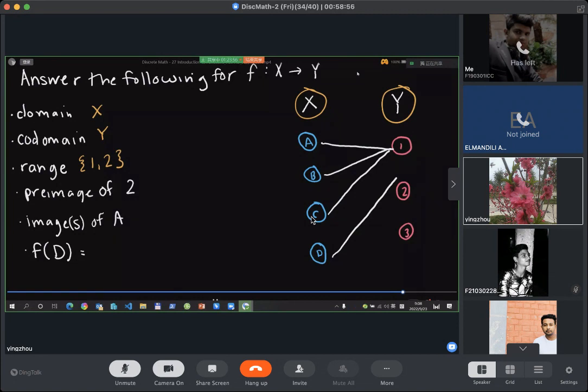The preimage of 2 says what value mapped to 2, and you can see here that would be D. And the image of A, which is what does A map to, maps to 1. And f(D) means what does D map to? D maps to 2.